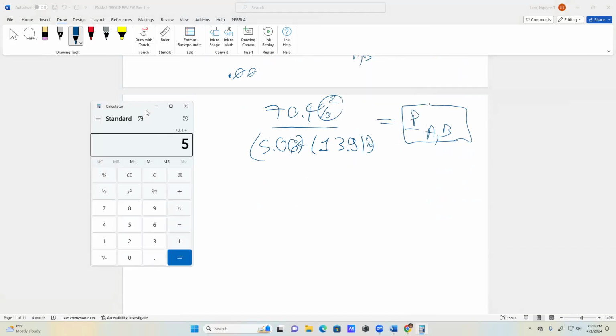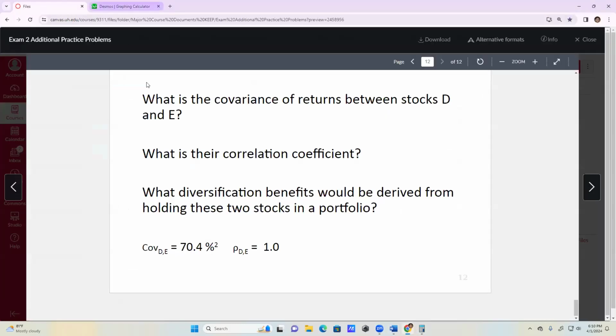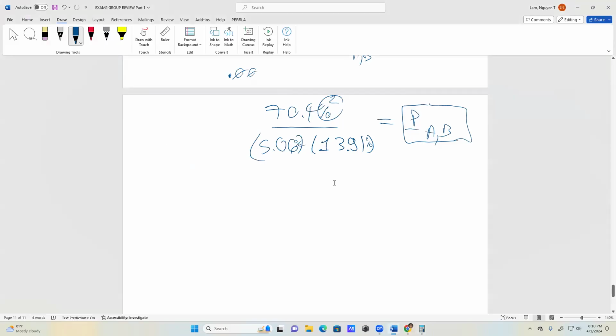Let's see: 70.4 divided by 5.06 divided by 13.91. Okay, this is 1. I think you could do it too. If you want to keep it as a percentage, you could do it, and it's equal to 1. However, if you want to keep it in decimal form, then you have to know that this thing has to be divided by 100 two times.